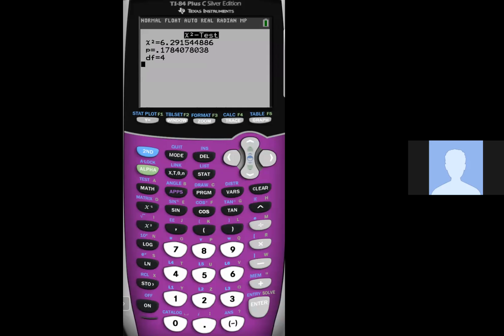So the p-value for this one is 0.178. And again, if you want to double check that the p-value is really that number, go to second vars, distribution, and do a chi-square CDF again. Now your lower bound is going to be 6.2914154, and that's your lower bound. And then what is your degree of freedom?